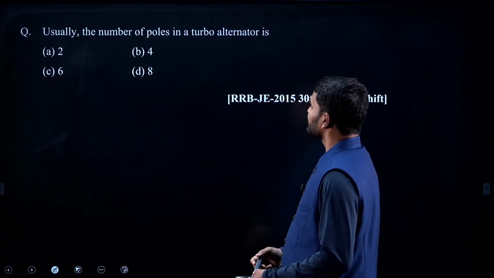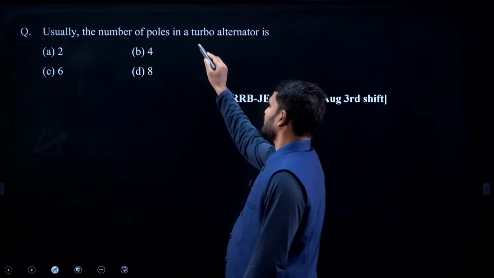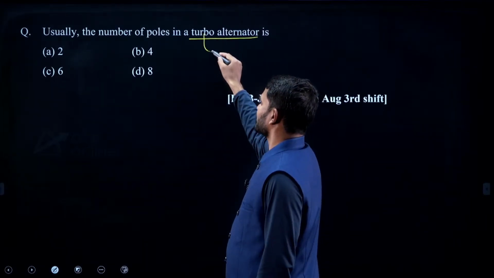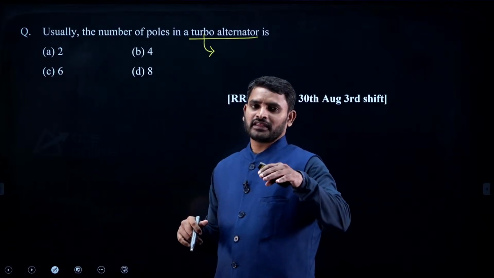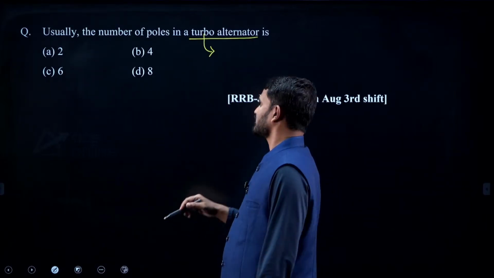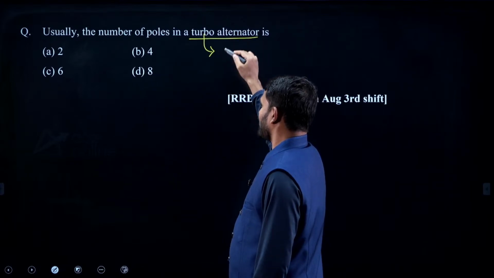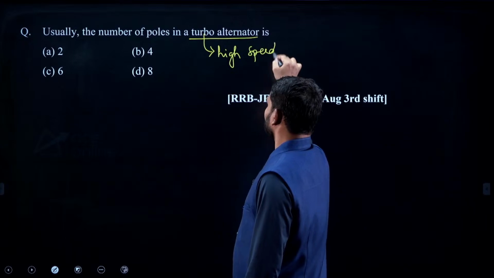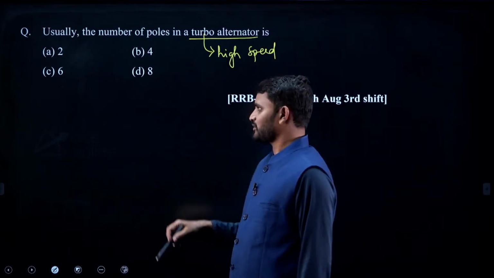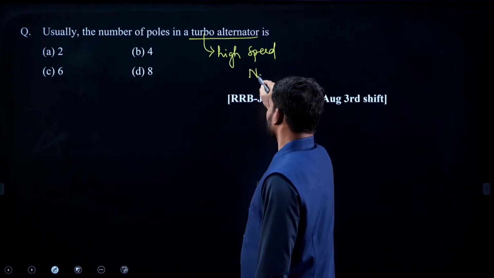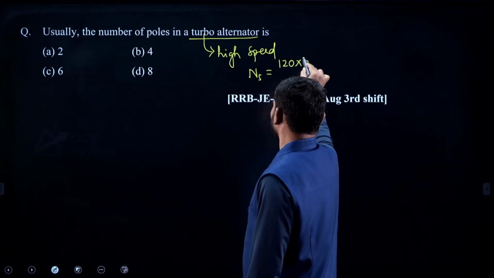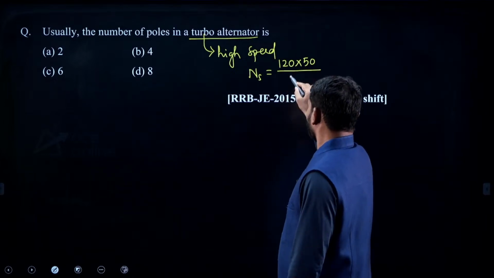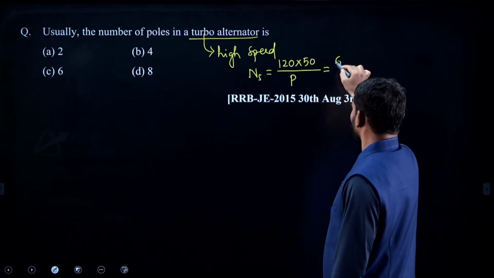Usually the number of poles in the turbo alternator, which we use for steam power plants or thermal power plants. These thermal power plants operate at high speed. What is the speed? Generally Ns equals 120 F by P. If you want to generate 50 hertz frequency, the numerator is going to be 6000.